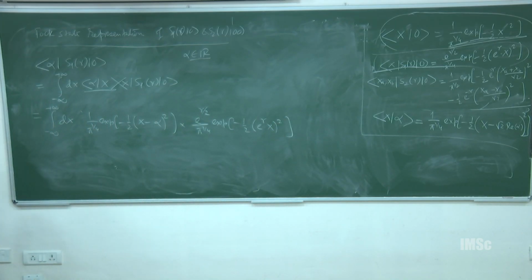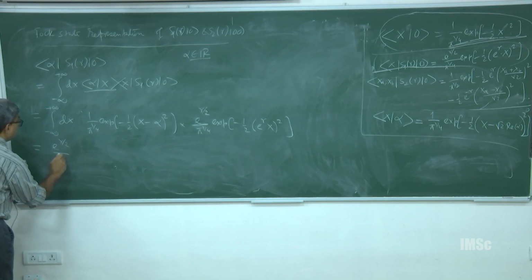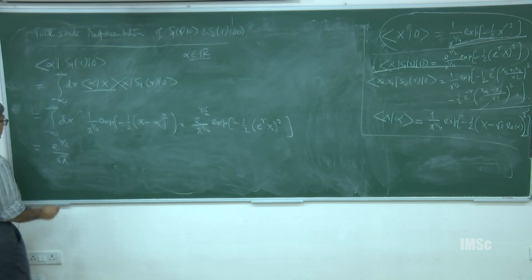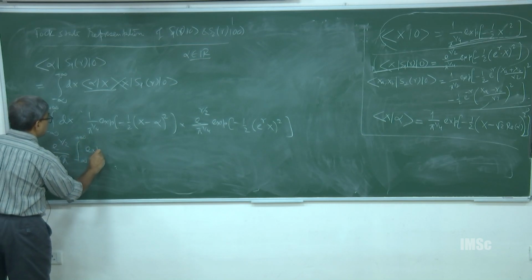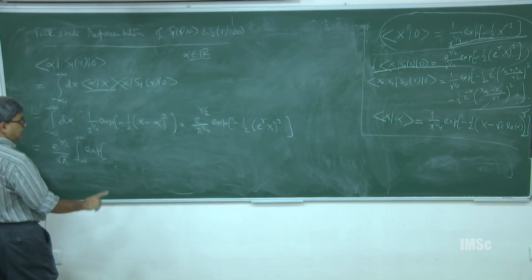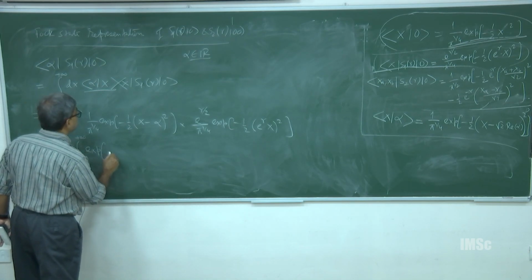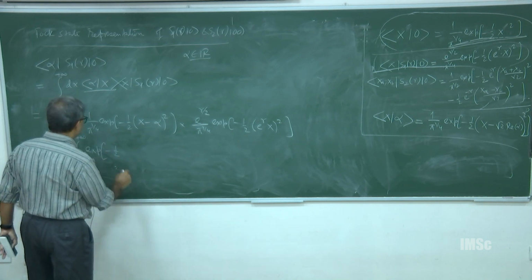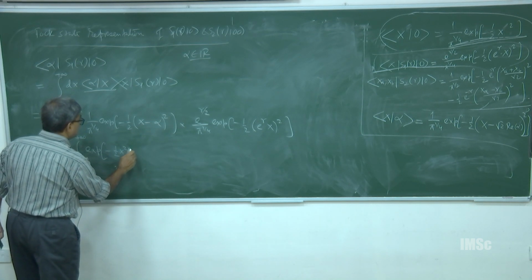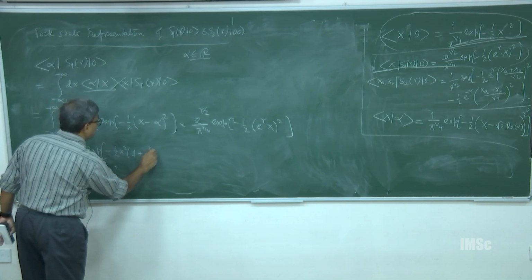So this is e to the power r by 2 over square root of pi, integral from minus infinity to plus infinity, exponential. Now, what is the x square term? So this is minus half x square, this is (1 plus e to the power twice r), right.